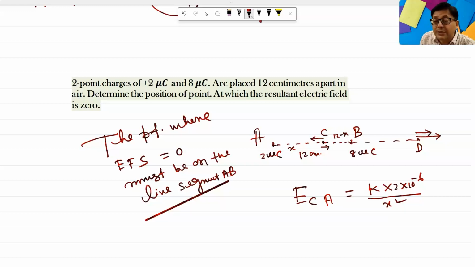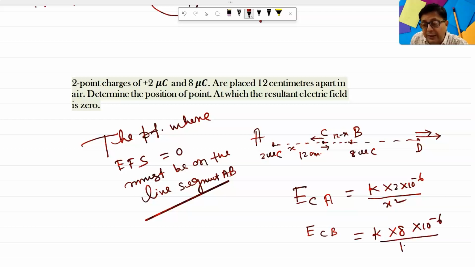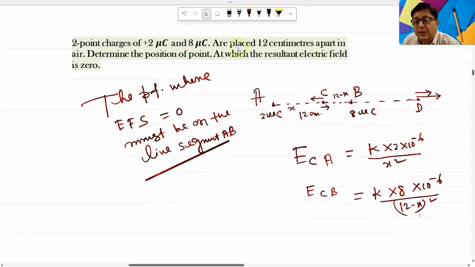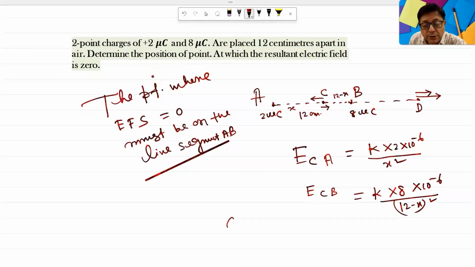This time I have taken centimeter square in the denominator because here also I am going to take it. The electric field at C due to the charge at B will be K into 8 into 10 to the power minus 6 by 12 minus x whole square. Just compare these two, because the net field will be 0.